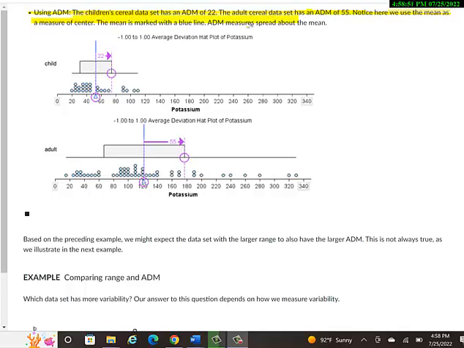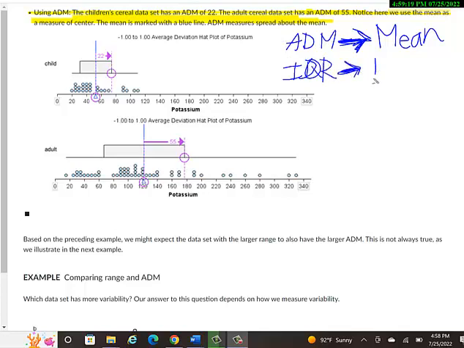Average deviation measures spread about the mean. That might be a good thing to note in your notes: use average deviation from the mean when you're talking about mean as a measure of variability. But then we want to use probably quartiles or interquartile range for the median.